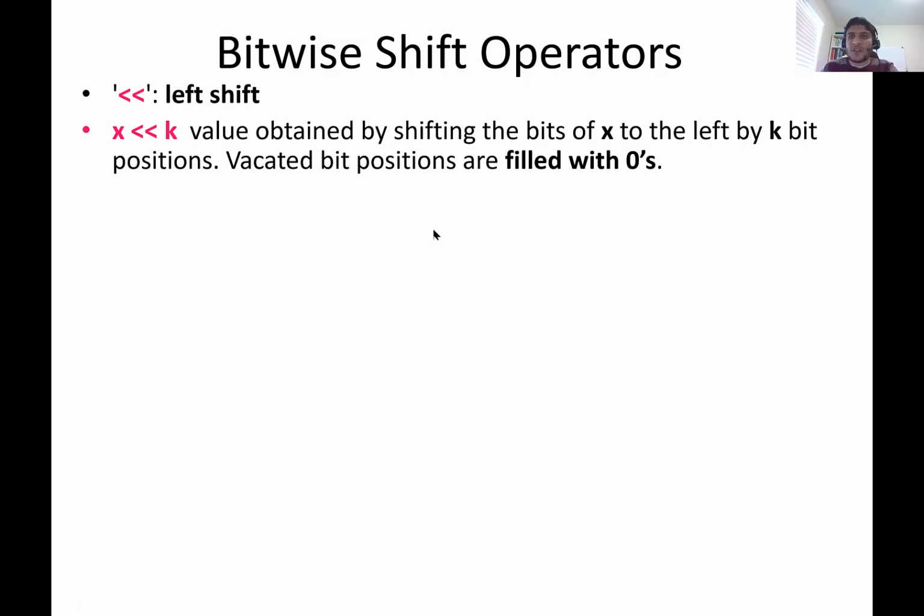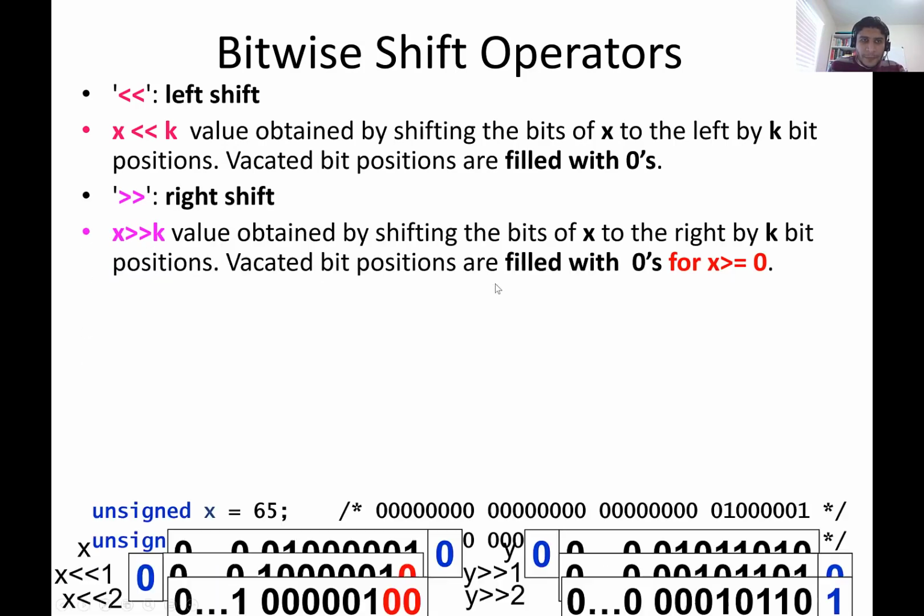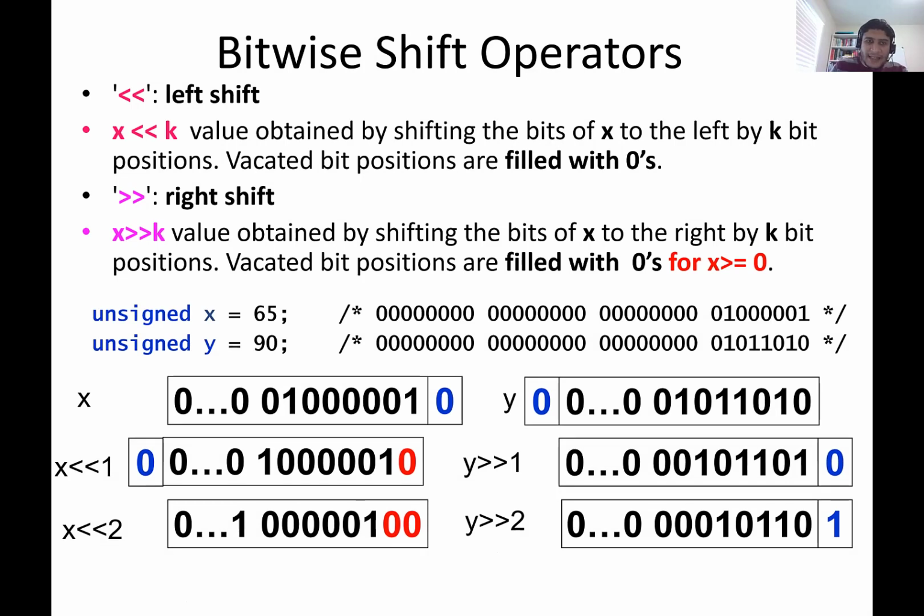Okay, so bitwise shift operators. Shifting is simply moving bits either left or right. Say X has the value 65 that we had from before. It starts with five zeros and then a 1 for 65.